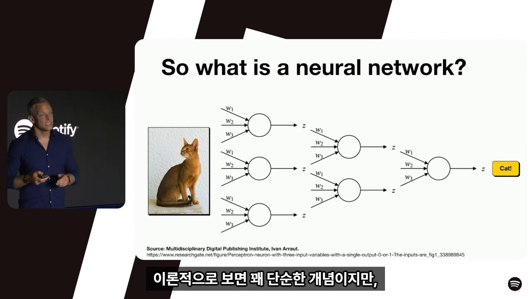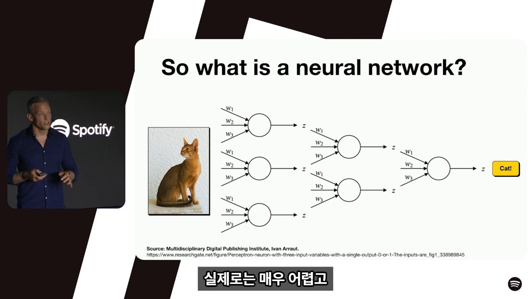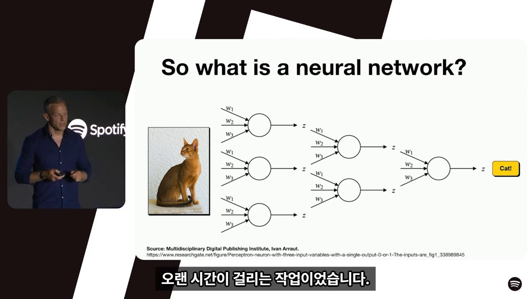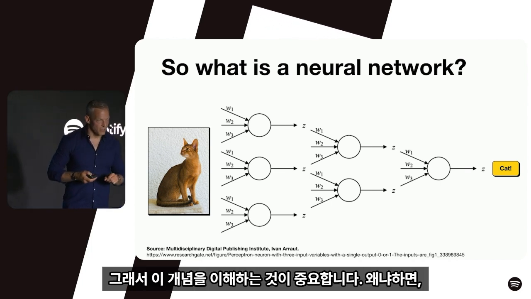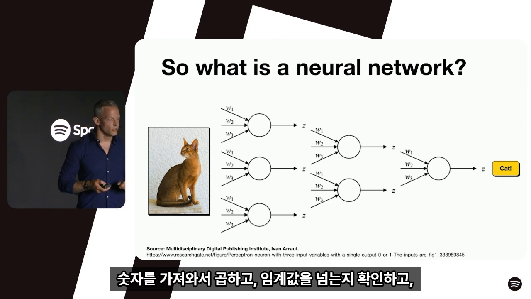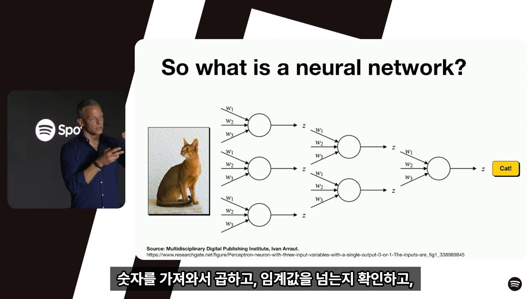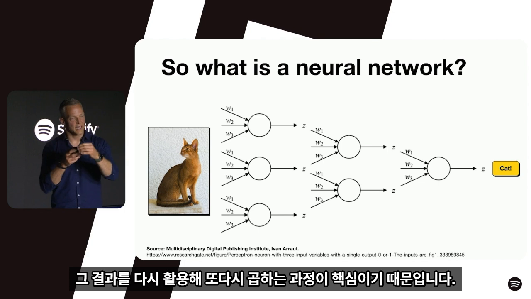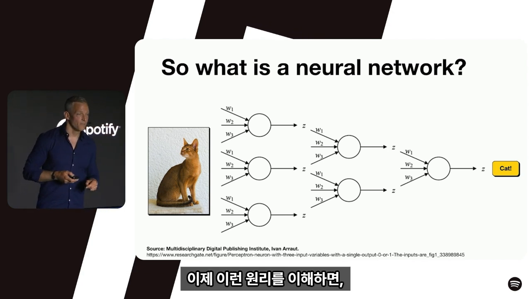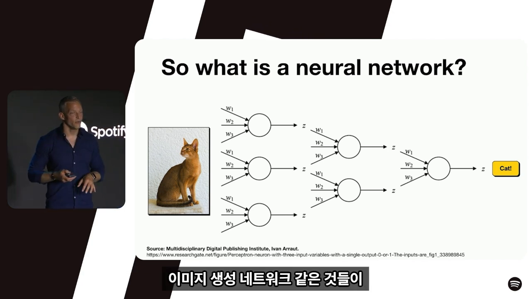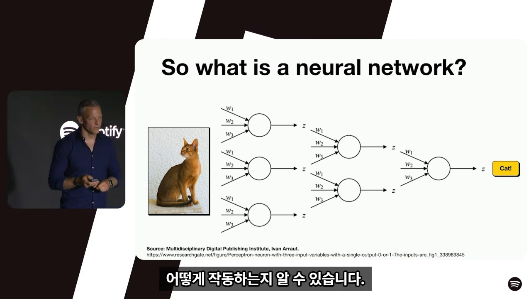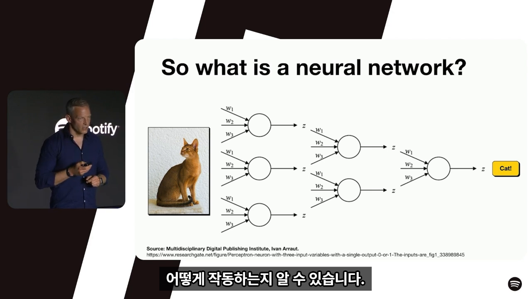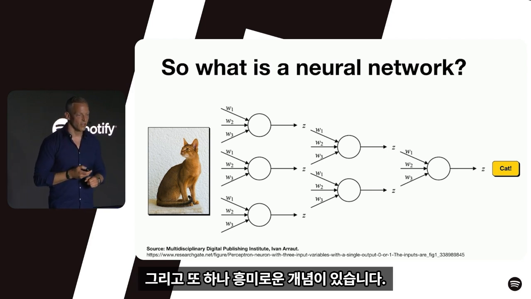Again, it's quite simple in theory, even though it was hard and took a long time to do in practice. So this is important to understand, because when you understand this notion of taking numbers, multiplying them, seeing if they go over a threshold, then taking those numbers, multiplying them, now you can understand how these image generation networks and so forth actually work. So here's another concept that I think is very interesting to understand.